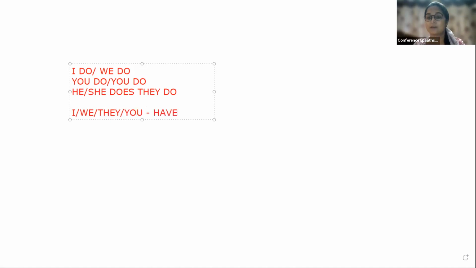When it is present perfect or present perfect continuous, like I have been reading or I have read, like this. But we have been reading, we have read, like this. And other than this, third person singular, you can use has. Okay, so that's all. Now this one is for present tense.